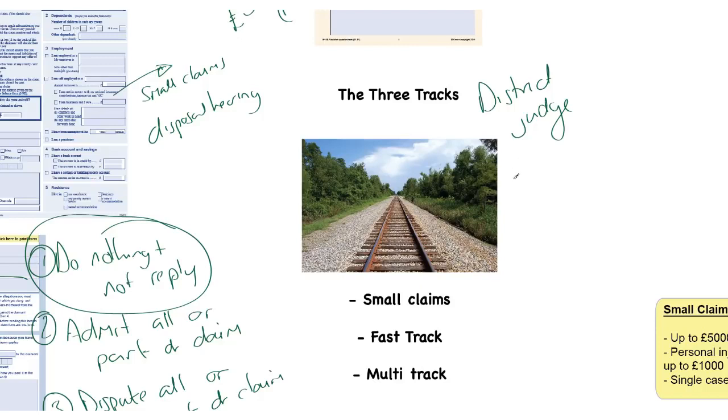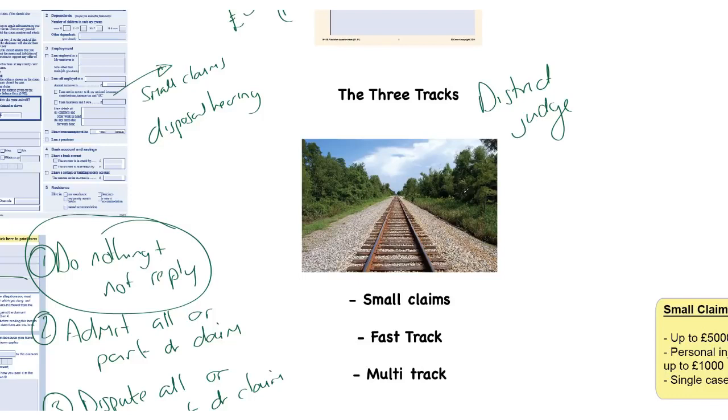And he has one of 3 tracks to choose from. We'll come on to look at each of them in turn in a moment. At this point, failing to comply again may see you struck out of the process.